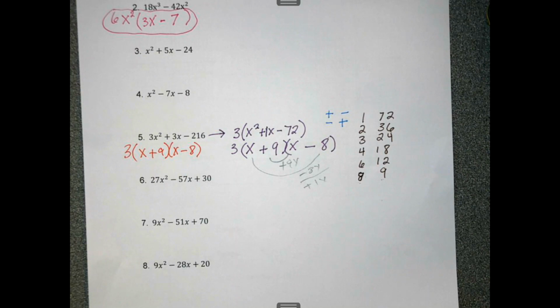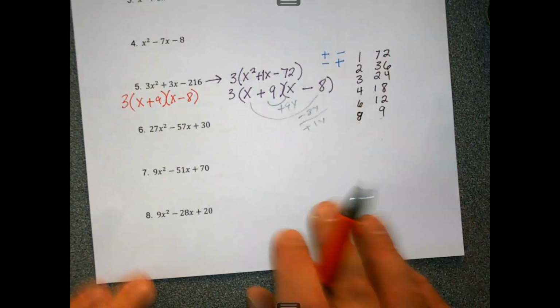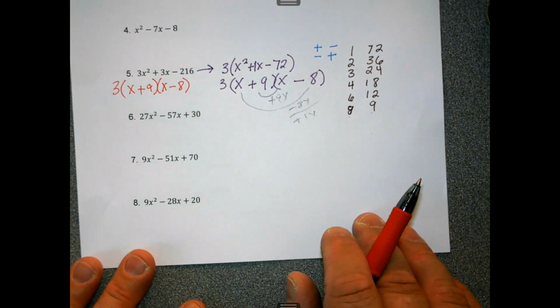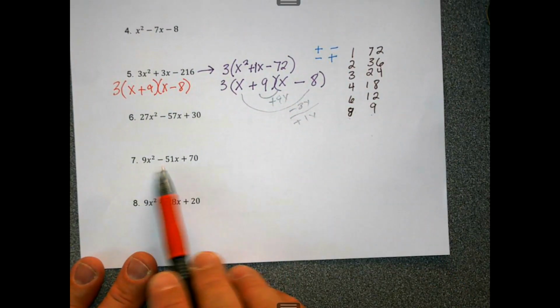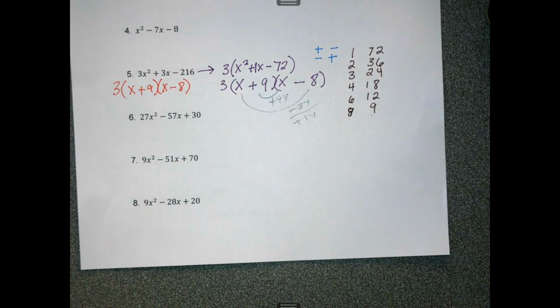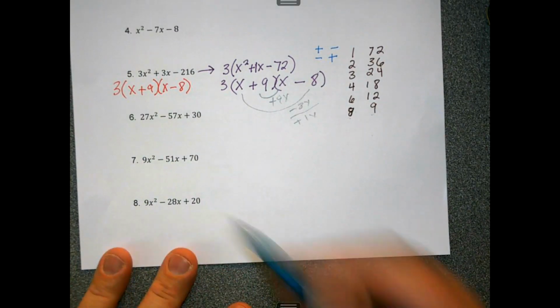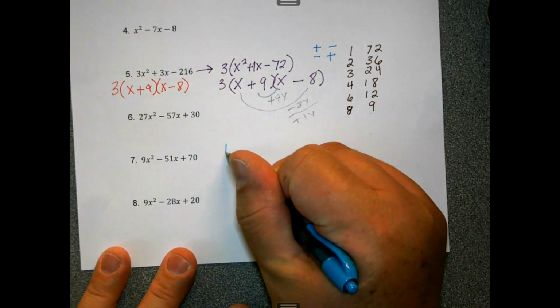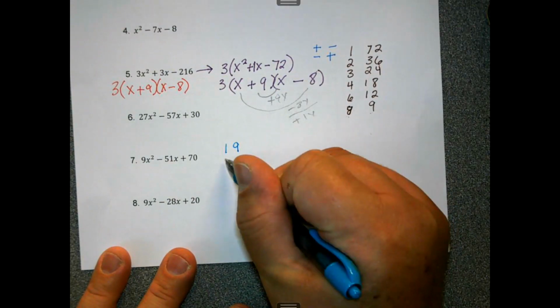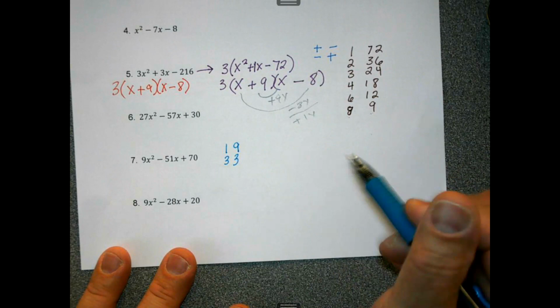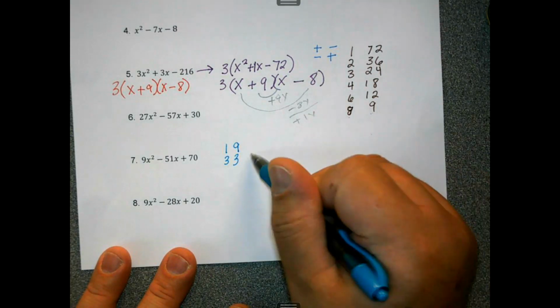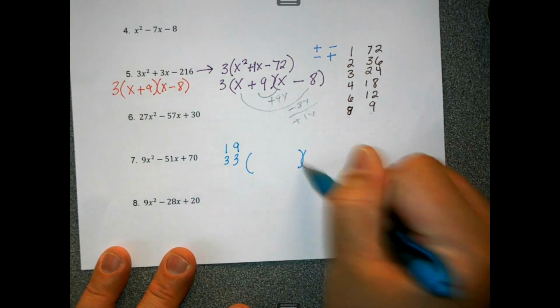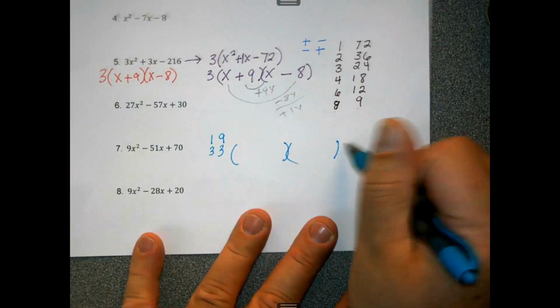And I'm going to do number 7 because it looks a little harder. Okay, there's nothing I can take out of 9, 51, and 70. There's no common factors. So this one, I need the factors of 9, which is 1 times 9, and 3 times 3. Then I'm going to look at the factors of 70.